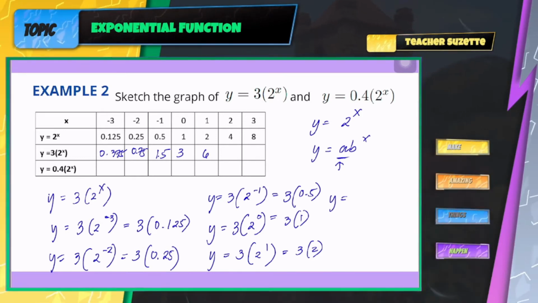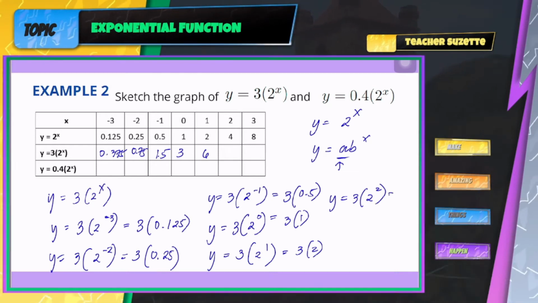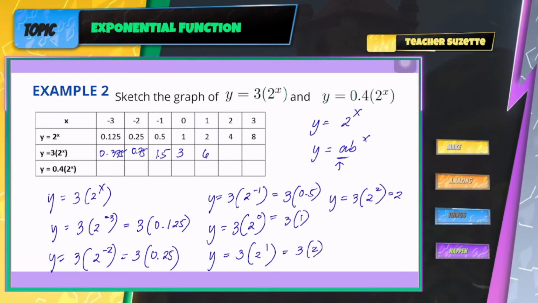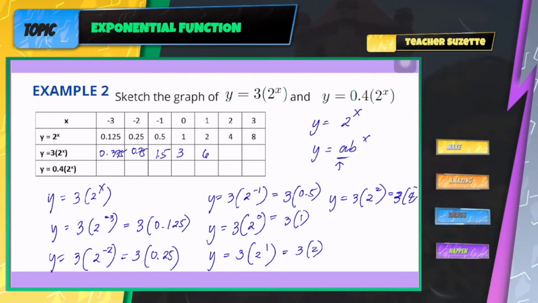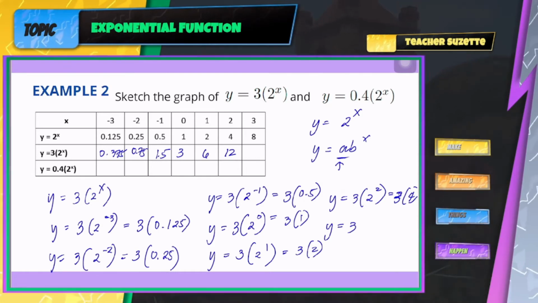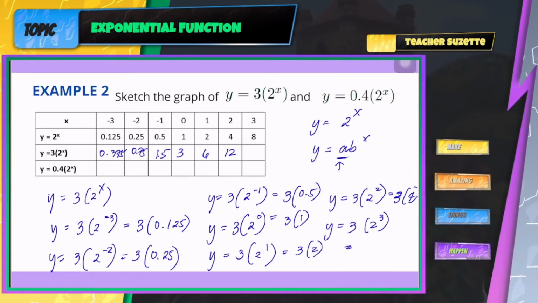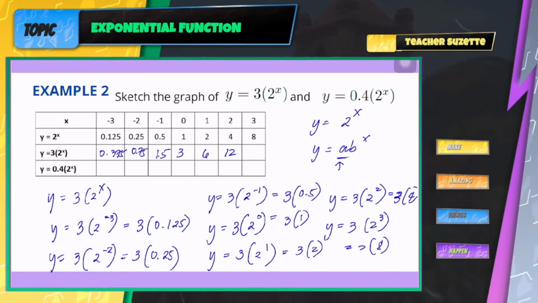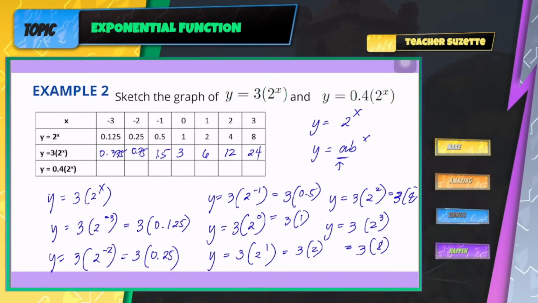Next, y equals 3 times 2 raised to positive 2, and 2 raised to positive 2 is equal to 4. 3 times 4 is equal to 12. Lastly, y equals 3 times 2 raised to positive 3, and 2 raised to positive 3 is equal to 8. So, 3 times 8 is equal to positive 24.